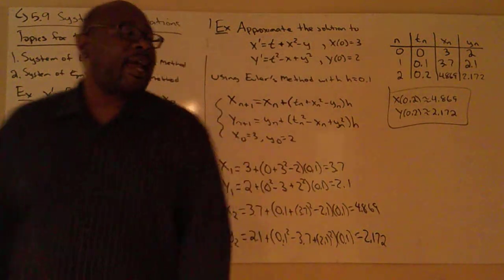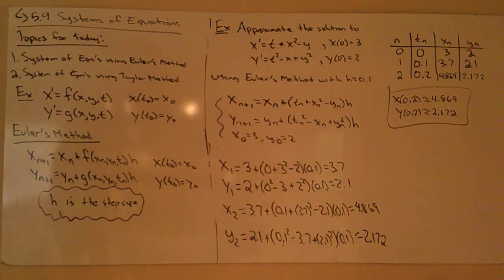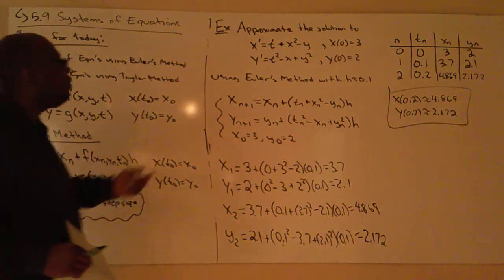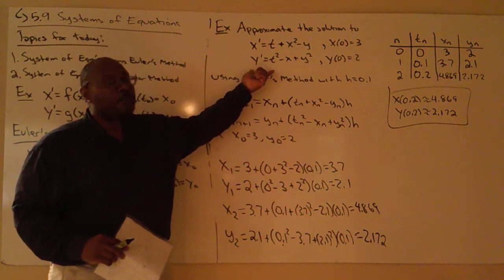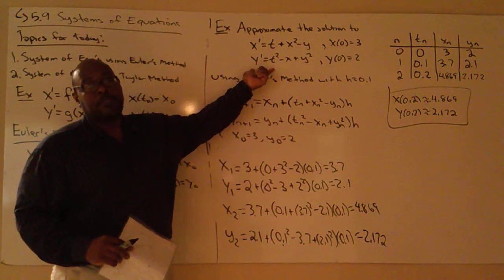We know that if we let our h value become smaller, we'll probably get a better approximation to this particular system of differential equations. But I want you to notice that if I were to try to solve this system by hand, using the methods we've learned in differential equations, it would be difficult to find a solution.